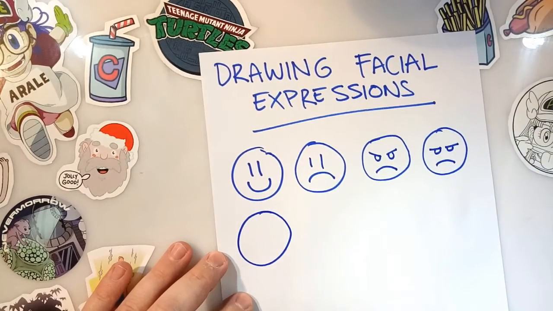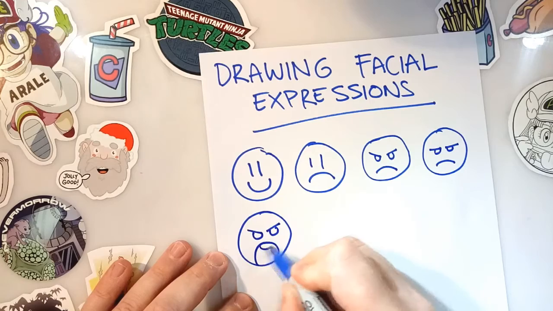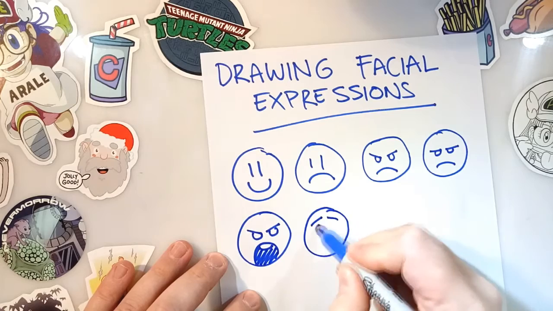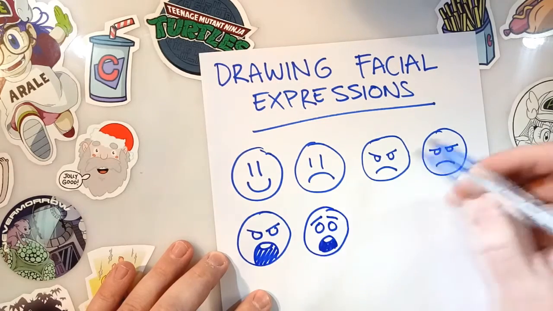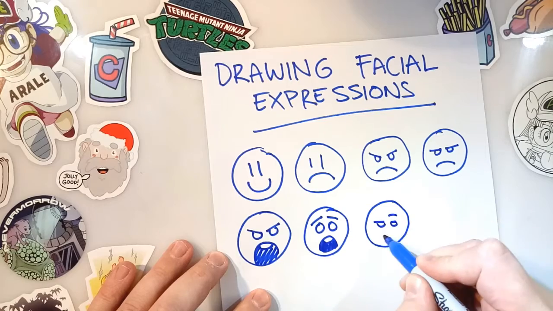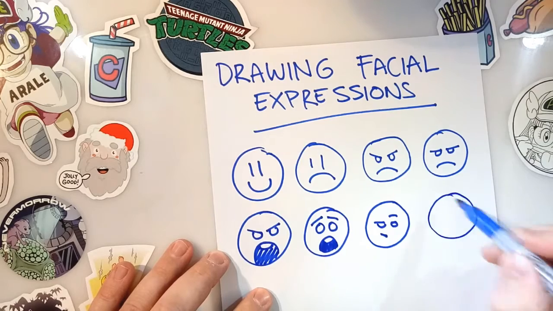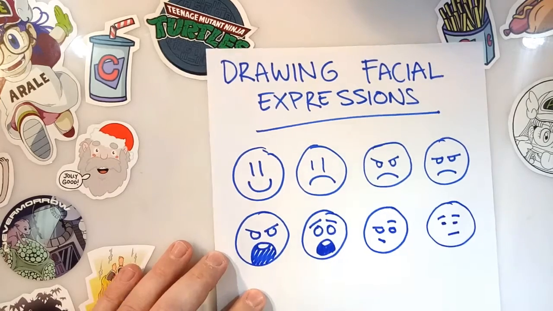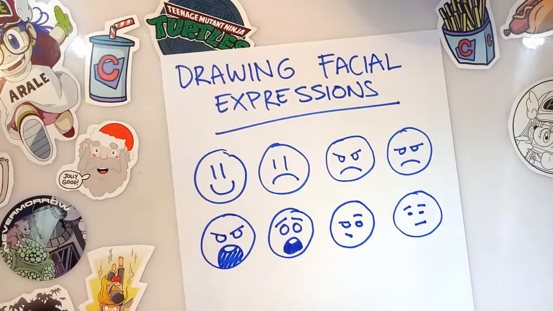We're also going to have a look at someone yelling, surprised, someone who's a little bit suspicious, and then we're also going to do someone who's just generally quite bored. Alright, so they're the 8 ones that we're going to do today, so let's have a look at the character that we're going to be playing with.